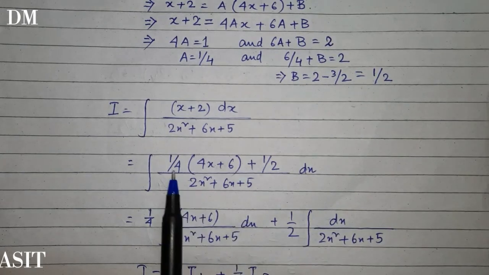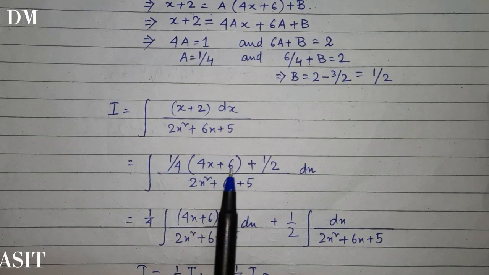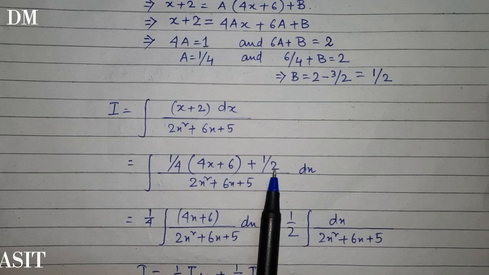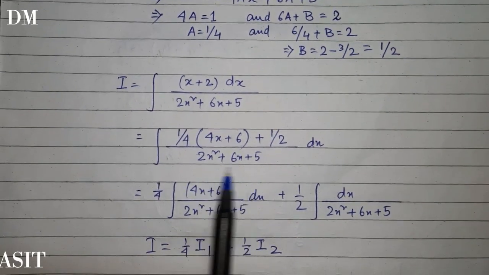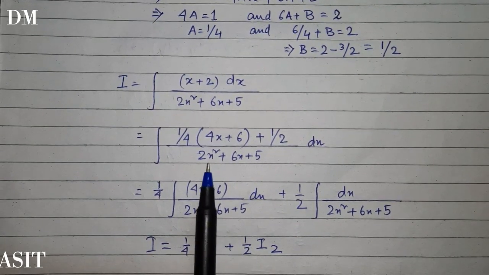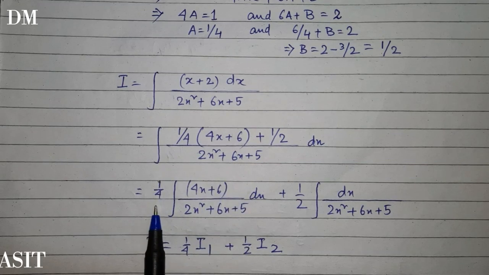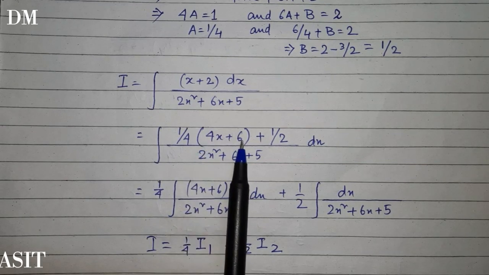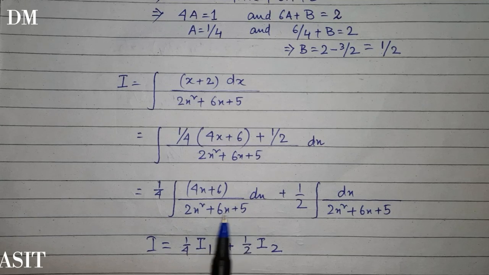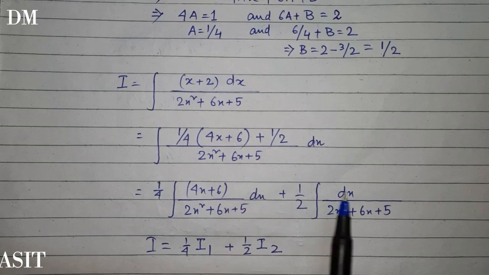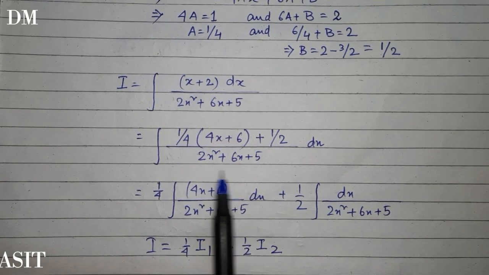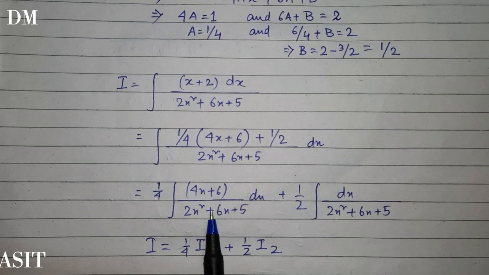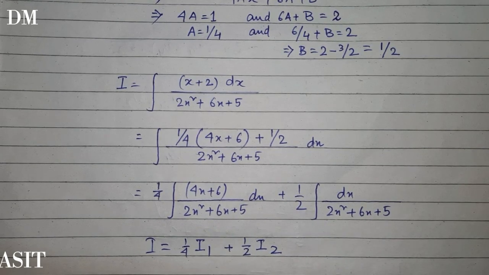So therefore a into 4x plus 6 plus b. Now we will distribute the denominator. So if we distribute, it will be 1 by 4, 4x plus 6 by this, plus 1 by 2 by this 2x square plus 6x plus 5. So we have distributed the denominator.